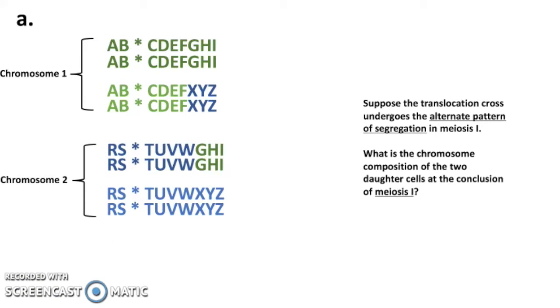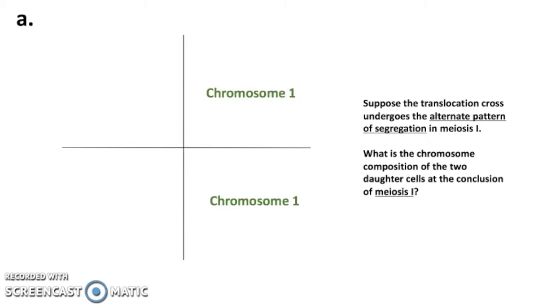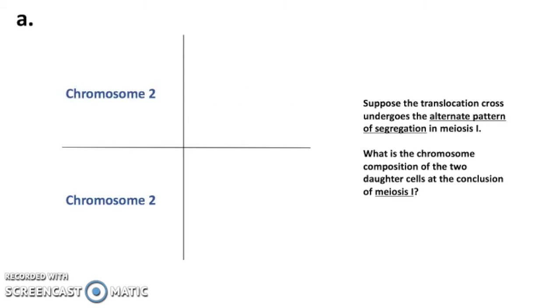Like I said, I like to do a little trick. I make a grid. Sometimes they'll draw the chromosomes out in this weird kind of diamond shape where they line up. What I do is I make a grid. On the right side of the grid are where the chromosome 1s are placed, and on the left side are where you place the chromosome 2.